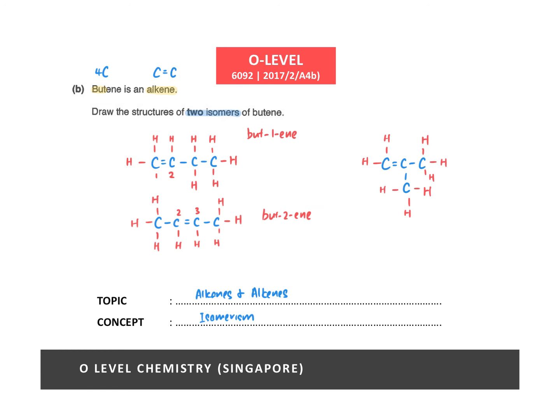Now how do we name this? To name a branched alkane or alkene, we need to look for the longest continuous chain. The longest continuous chain here consists of 3 carbon atoms, so we call this propene. And then next we name the branch. The branch contains 1 carbon atom, so we call it methylpropene.